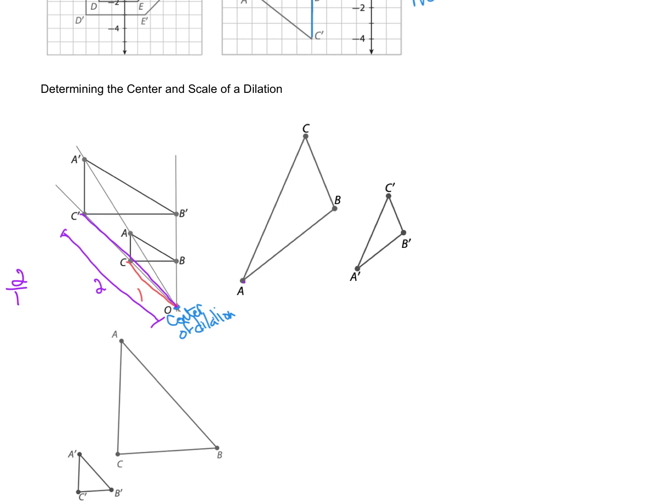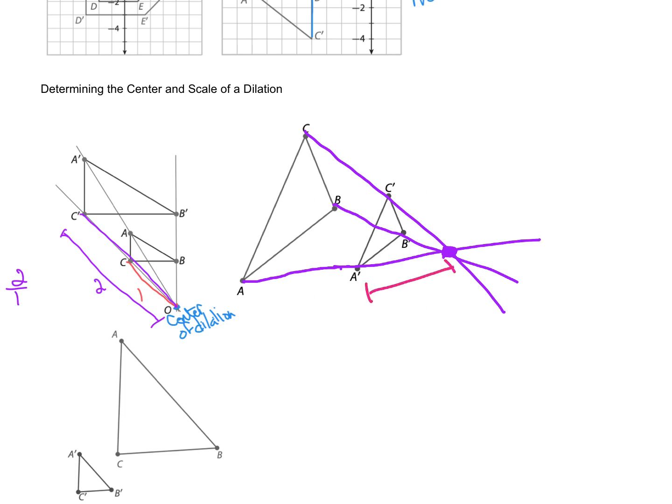And so what you do is you line up a ruler and you draw from A to A prime, then you draw B, B prime, and then you draw C, C prime. And where they meet is the center of dilation. So then if I measure from here to here is 1, I'm going to say, and from here to here is 2.